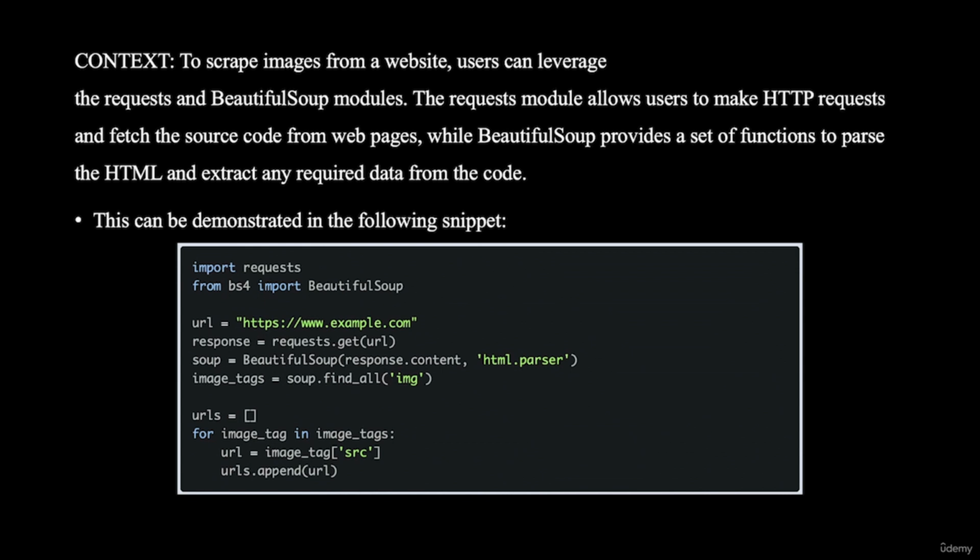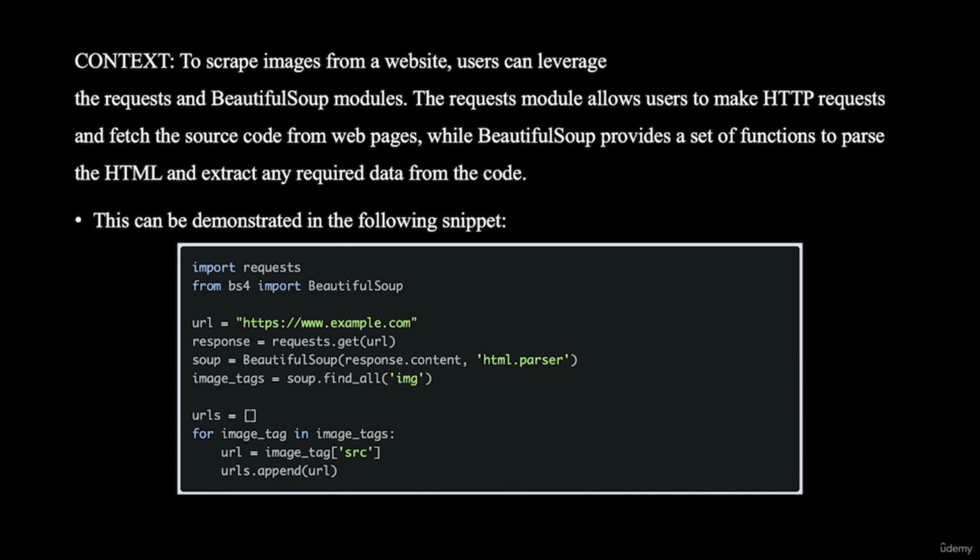The next line will find all img tags in the parsed HTML document and store them in the imgs tag variable, after which we'll create an empty list to store the URLs of the images on the page.